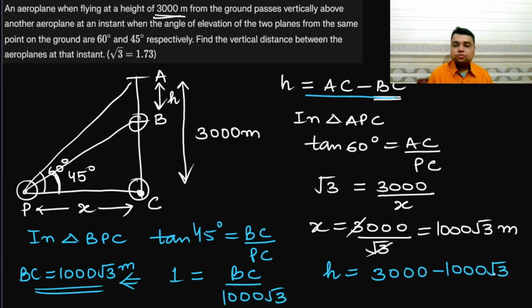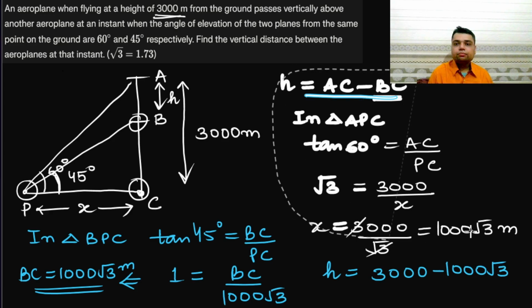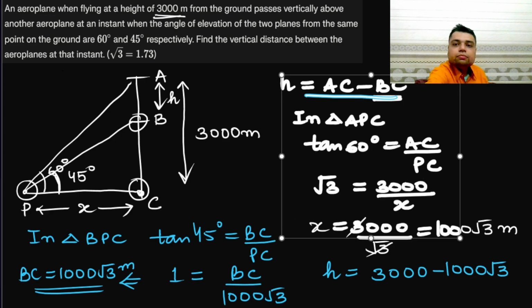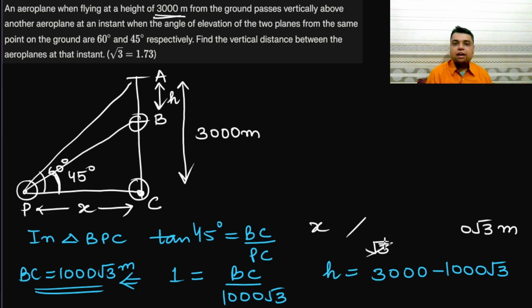Now in this question we are also given the root 3 value, which is 1.73. So H will be equal to 3000 minus 1000 times 1.73.